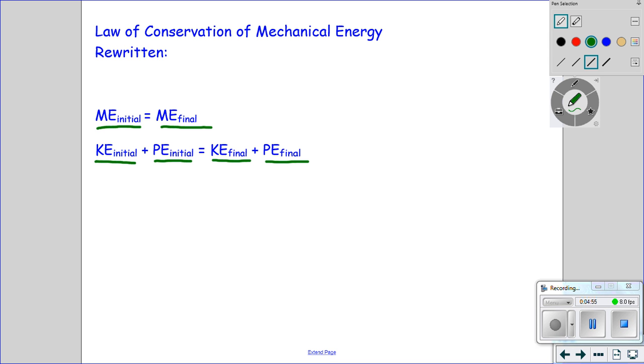And if I substitute in the equations that we have already learned for kinetic energy and potential energy, more specifically gravitational potential energy, I can make the equation look like this. Where VI is initial velocity, where the first height is the first position an object is above the reference point.